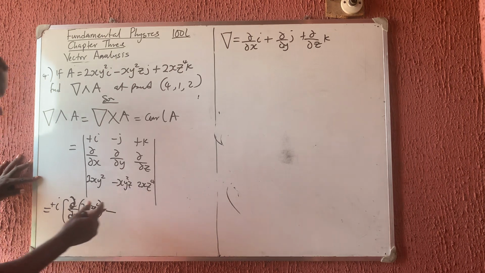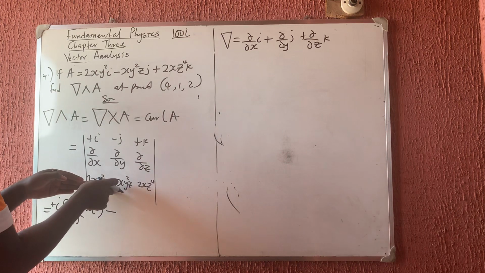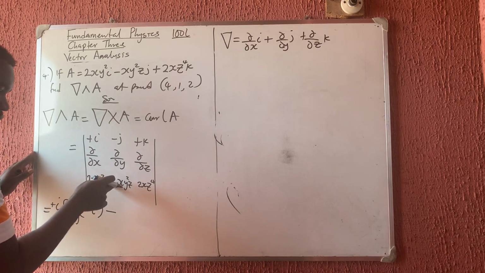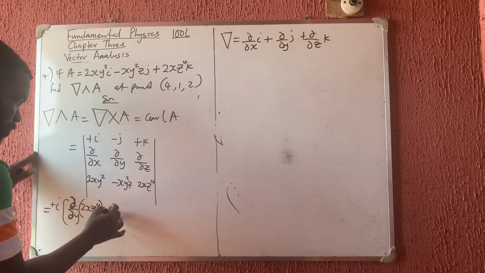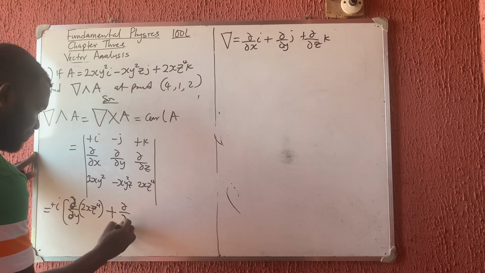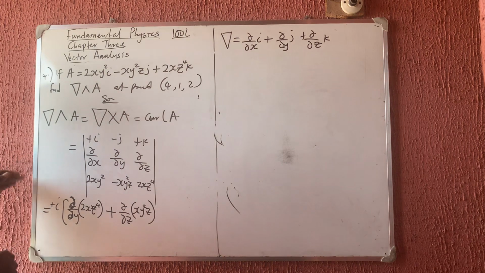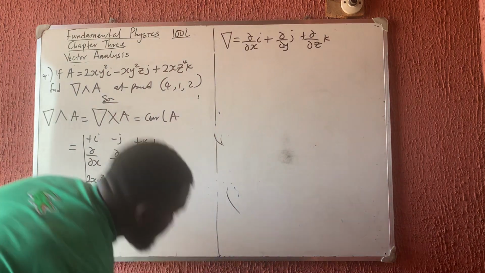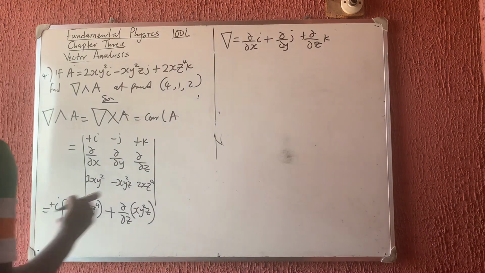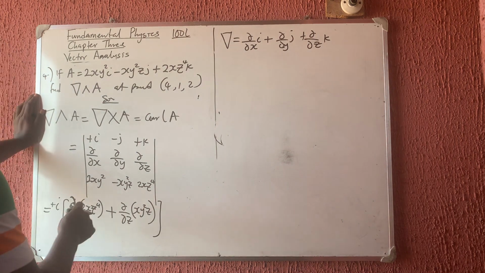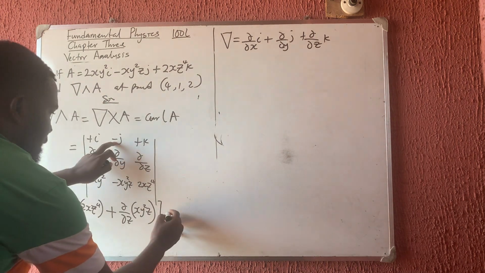Alright? Minus. Now, this one will go to this one. But the minus here will make it plus. So I can change it to plus partial z of xy squared z. You get the point. So permit me to keep writing like this. Okay. So now you close. I am done with collecting this one. Now let me collect minus j.